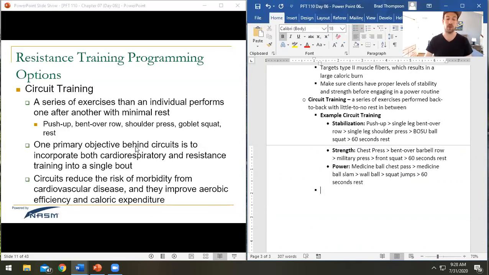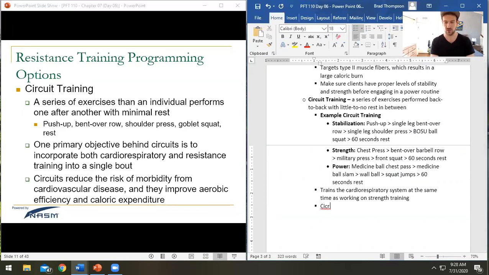The big objective here is to incorporate both cardio and resistance training, right? It trains the cardiorespiratory system at the same time as working on strength training. And we have seen that circuits reduce your risk of cardiovascular disease.